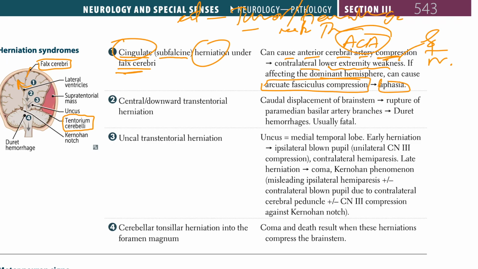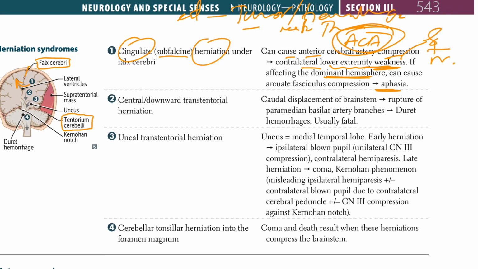And again, the arcuate fasciculus connects Broca's to Wernicke's area, right? So that can lead to aphasia. So here's a simple thing: when you have a herniation of the cingulate going toward the other side, it's going to compress the ACA. With the ACA, you know it's going to cause contralateral lower extremity weakness. But on top of this, if it's the dominant hemisphere, then you think about aphasia.